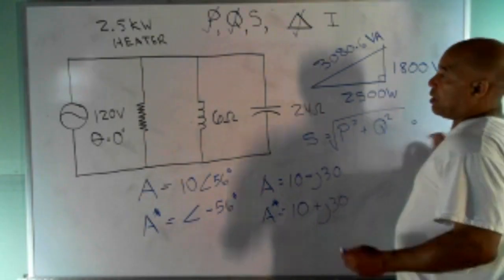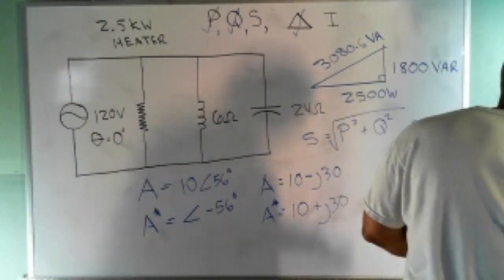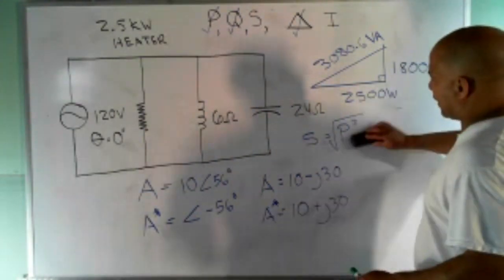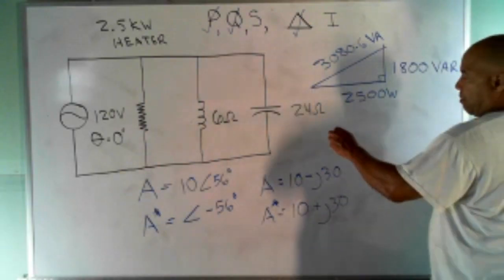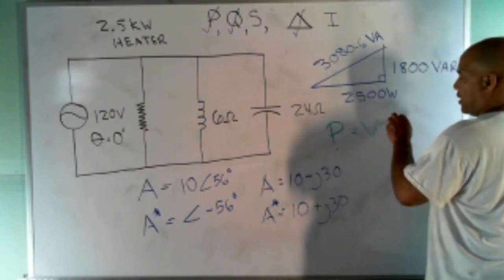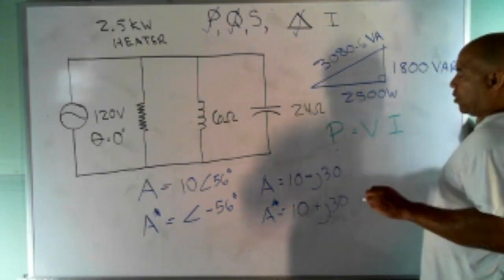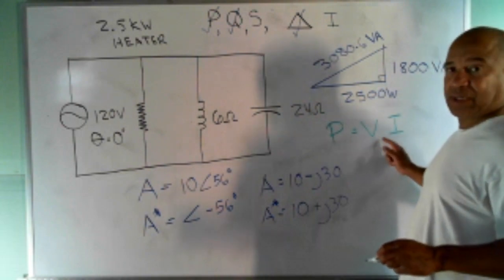Okay, so you know from circuits 1 that the main way to write Watt's law is like this. Power equals voltage times current. So the AC version of this, total power is total voltage times total current.